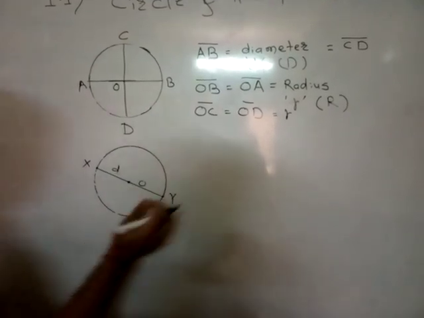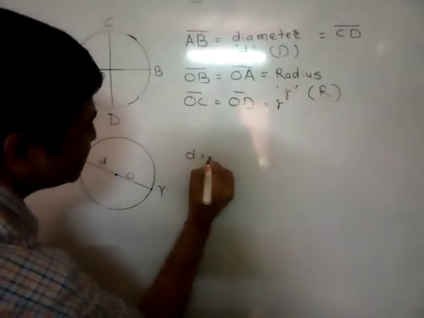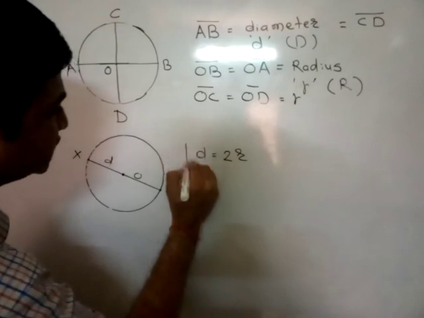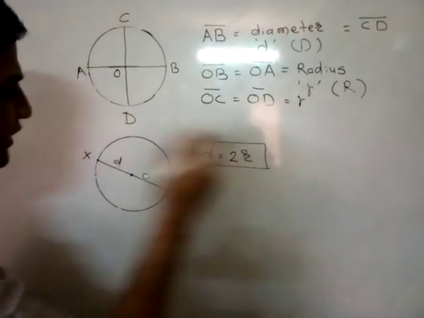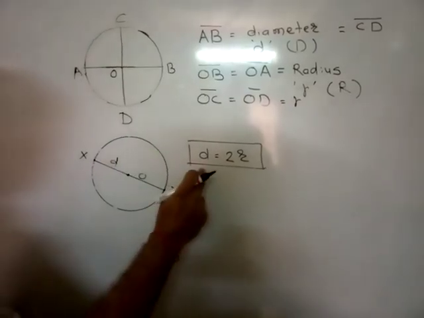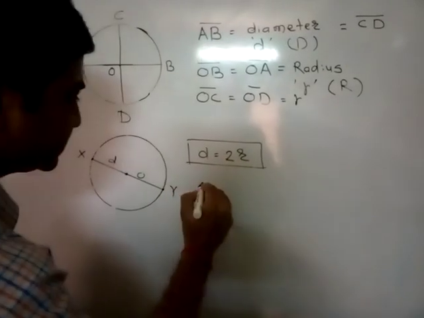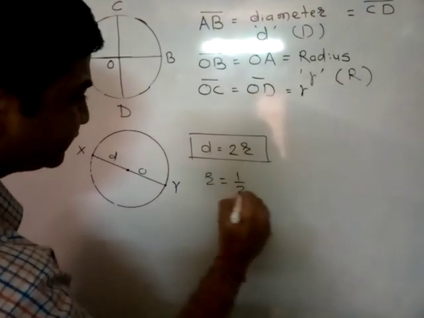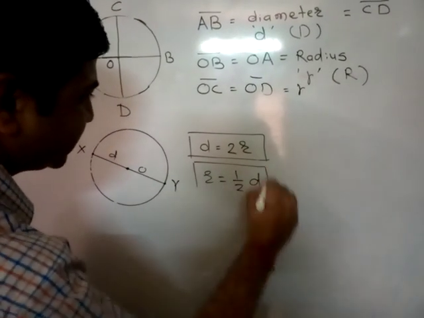And the diameter is twice the radius. So this is the relation between the diameter and radius: the diameter is double the radius, or the radius is half the diameter for a circle.